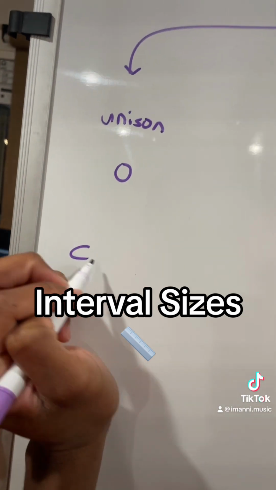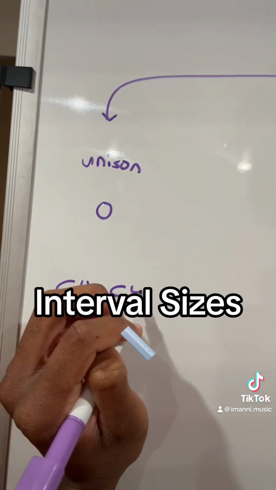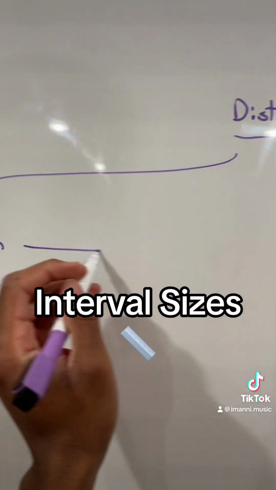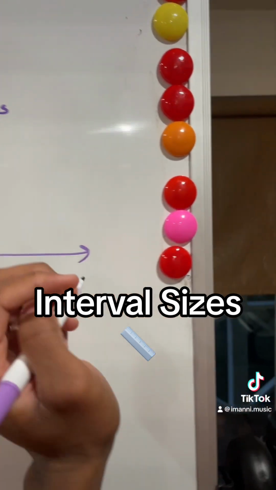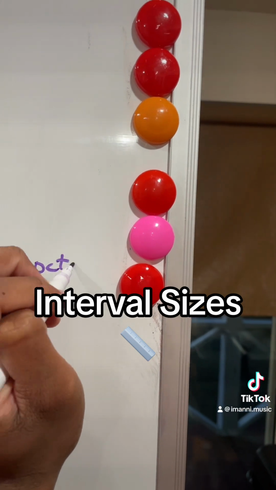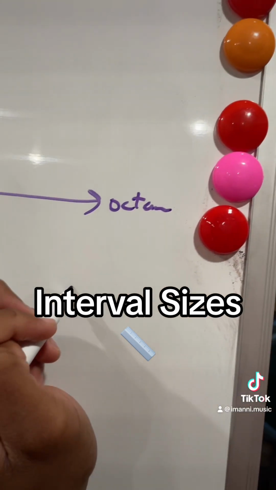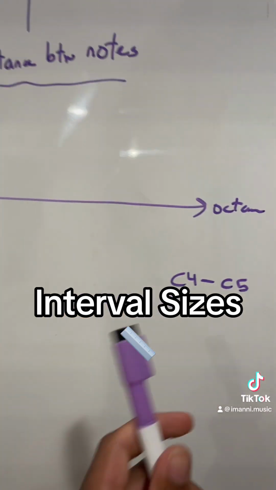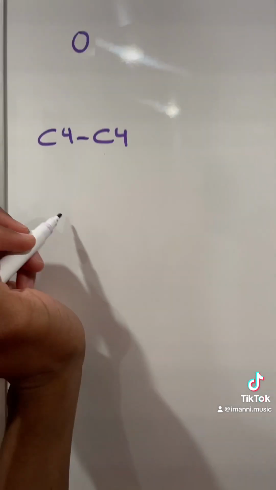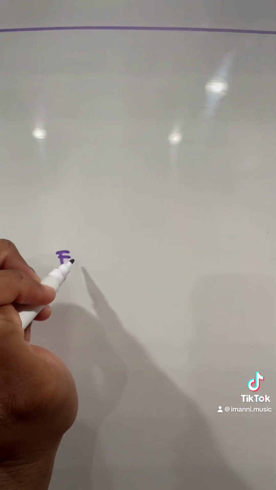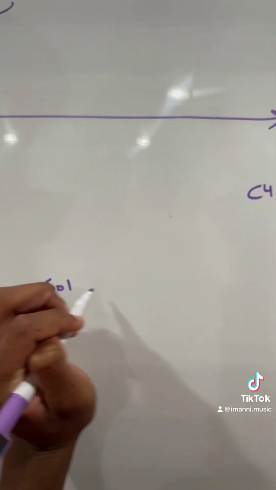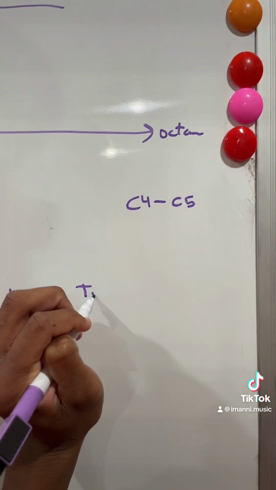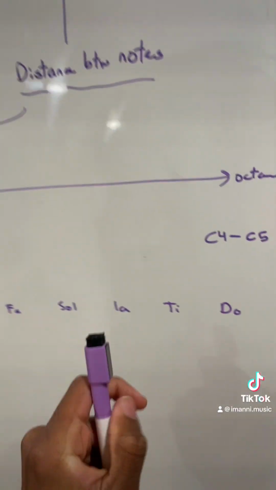For example, C4 to C4 is a unison, and it goes as far up as to an octave, where we have something like C4 to C5, which is when you go completely from do, re, mi, fa, sol, la, ti, then do, right over there.